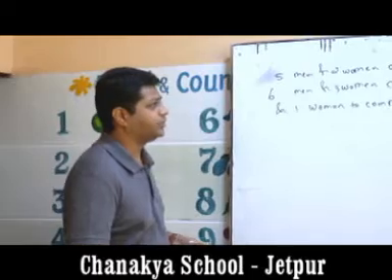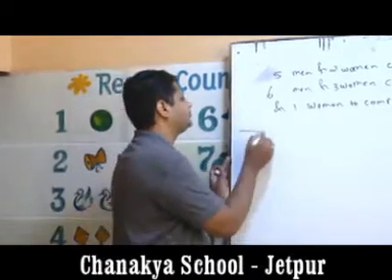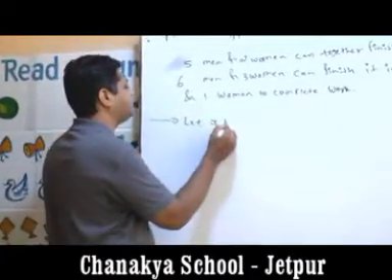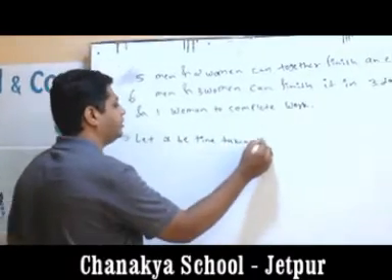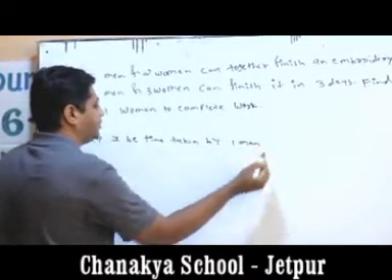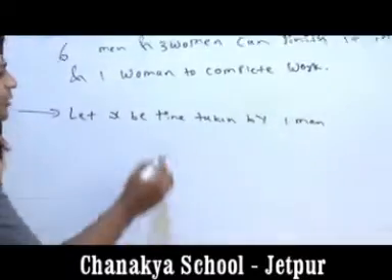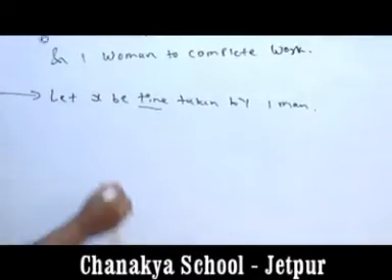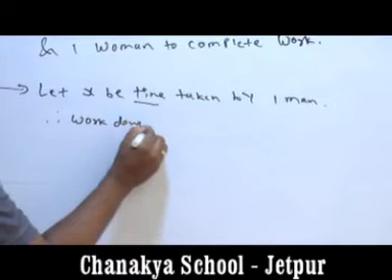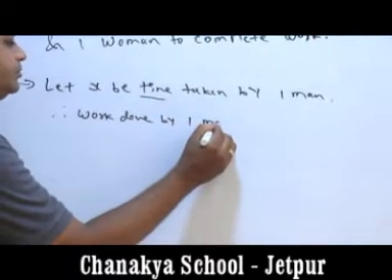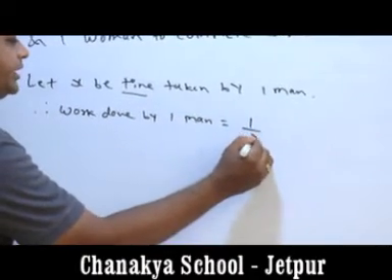Now first, supposing let x be the time taken by 1 man. Time and work are reciprocals of each other, therefore work done by 1 man equals 1 by x.